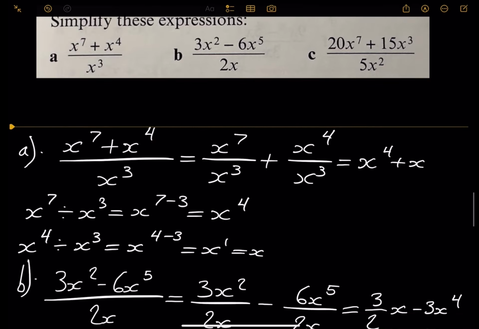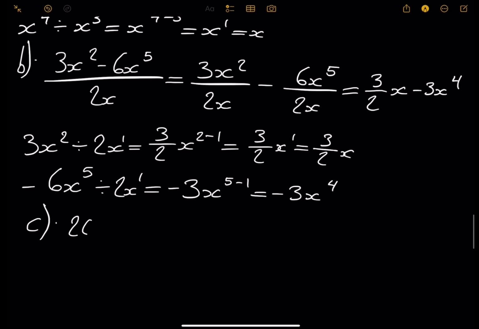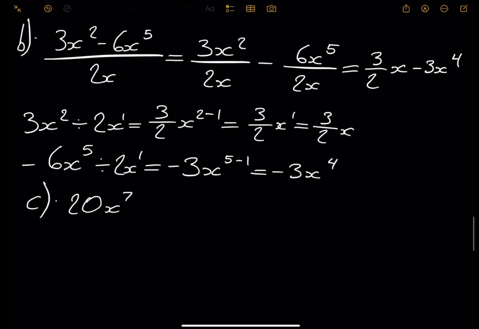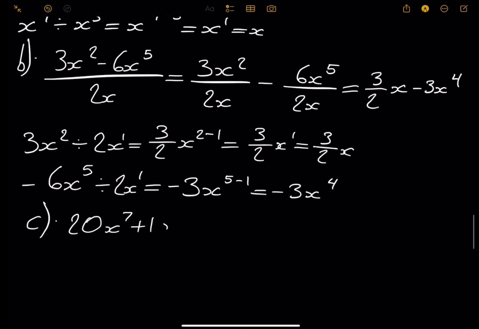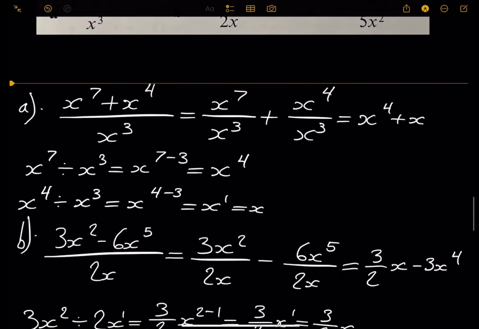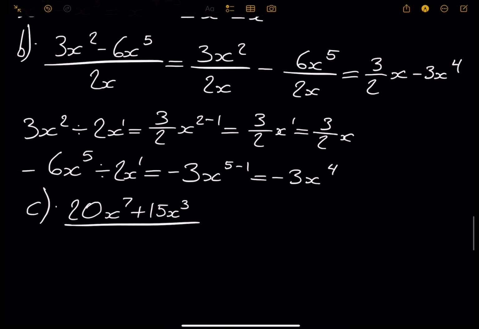So we've got 20x raised to the power 7 plus 15x cubed, all divided by 5x squared. And again, we can break this up.